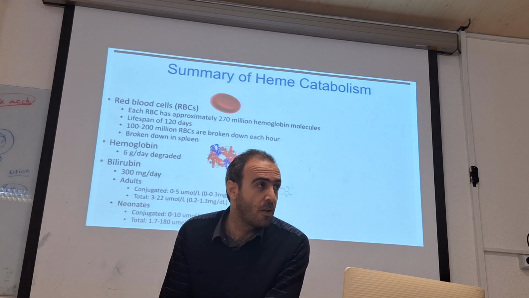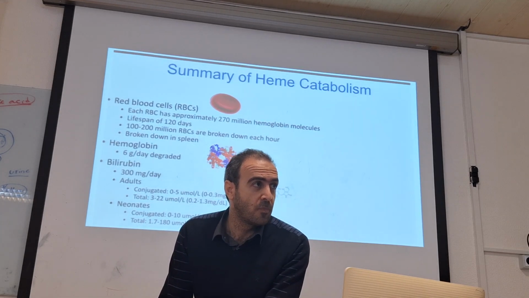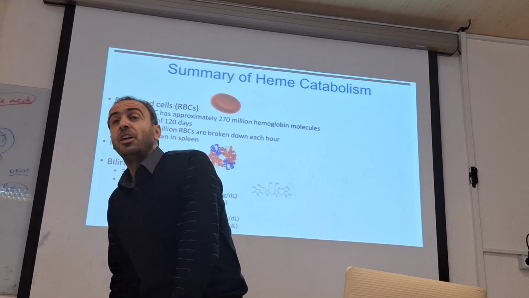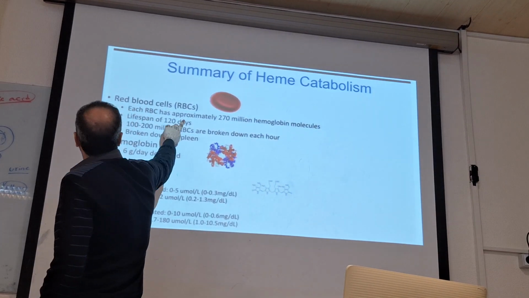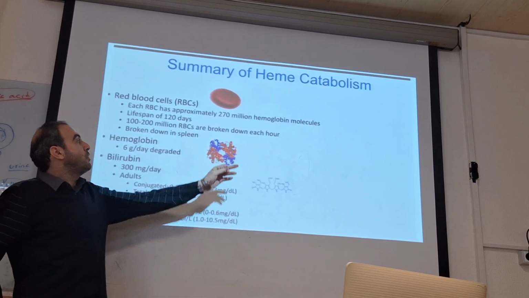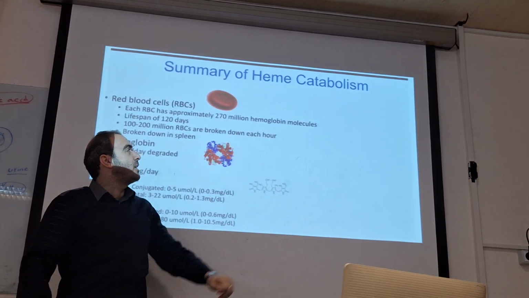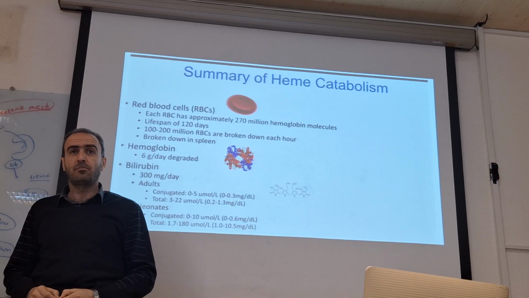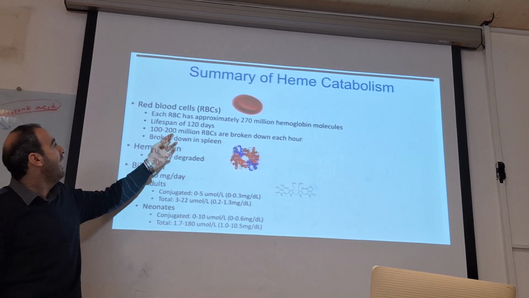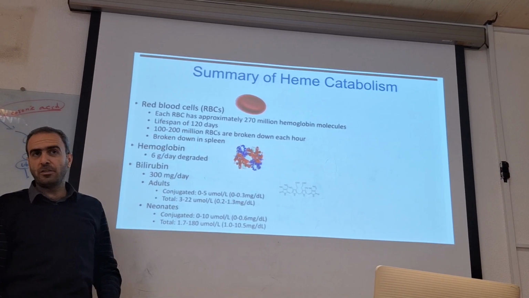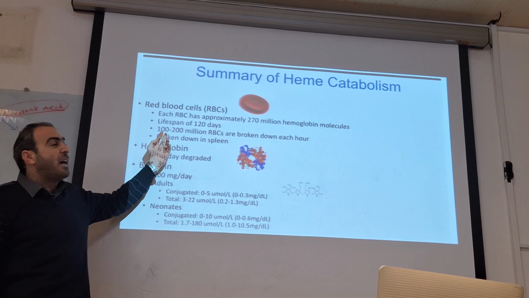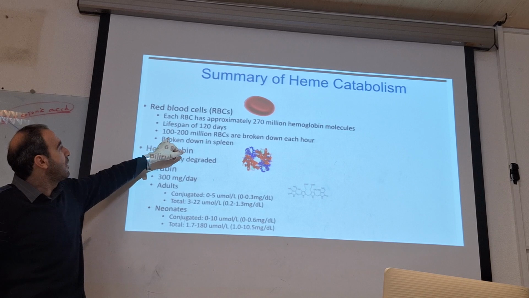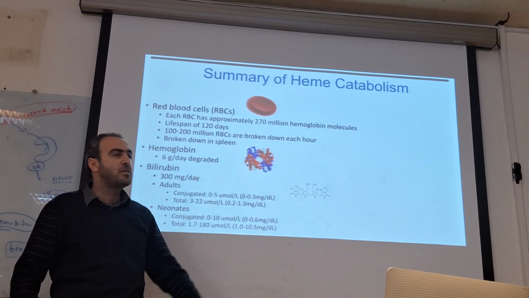Each RBC has near 270 million hemoglobin molecules. And the lifespan is 120 days. And daily, 100 to 200 million RBCs are broken down.